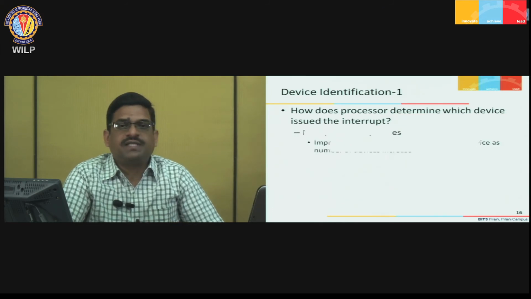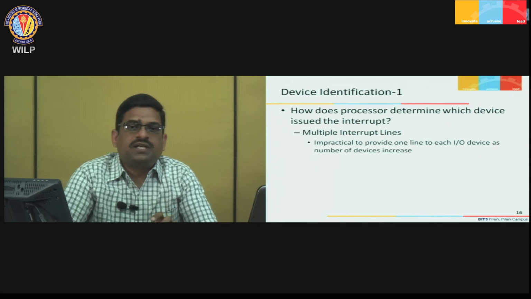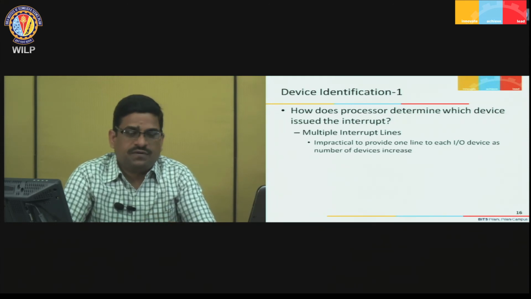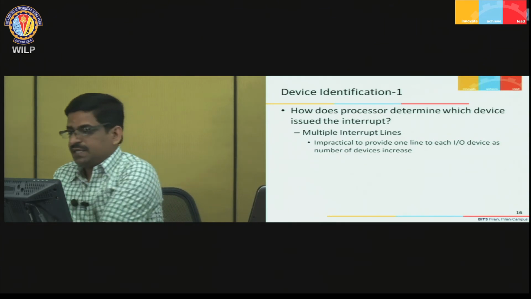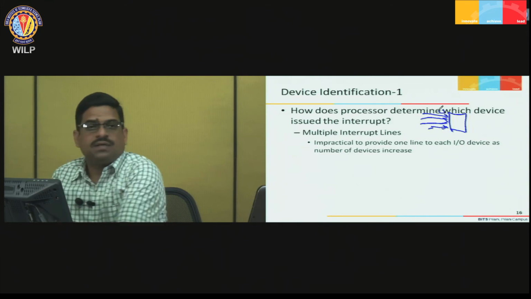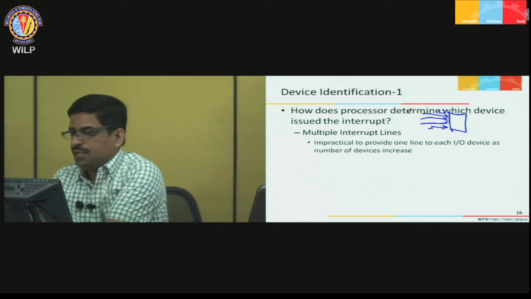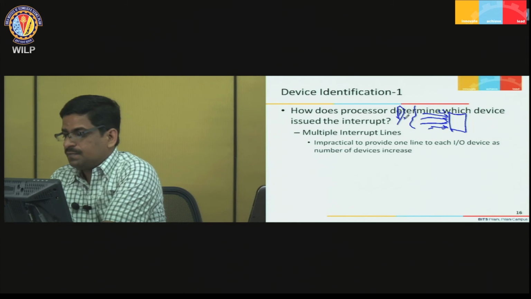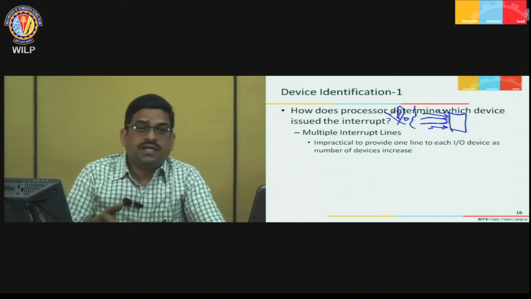For this, one solution is multiple interrupt lines, one interrupt signal for each device. You have the processor and these interrupt signals, which come via the IO modules. But how many signals?